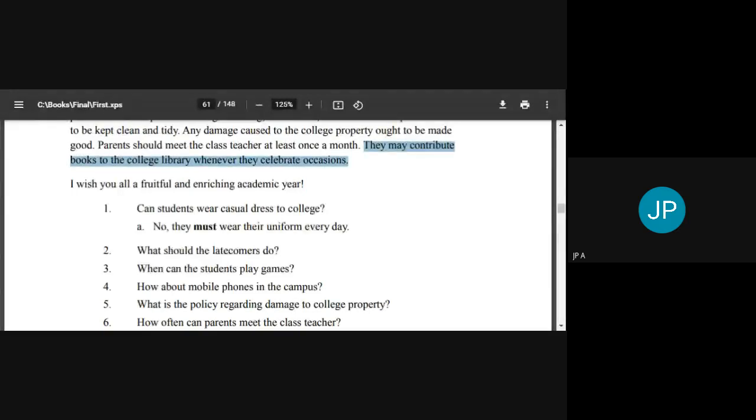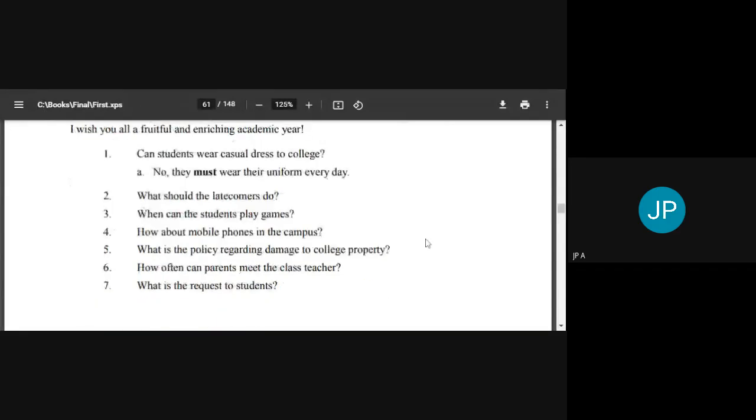So here we were reading this passage to look at the different words of obligation. Obligations are duties. The words that indicate duties are called obligation. They are not commands actually. They are slightly less strong than commands, but they are duties.